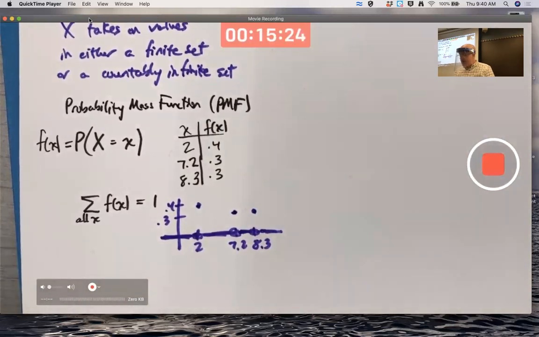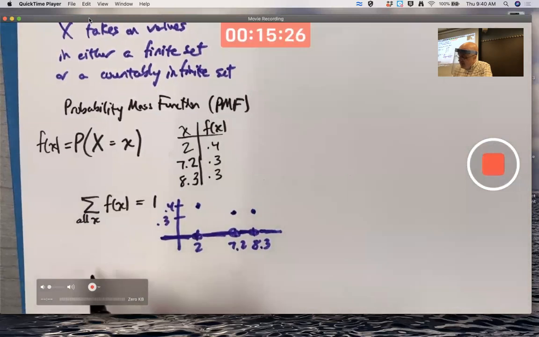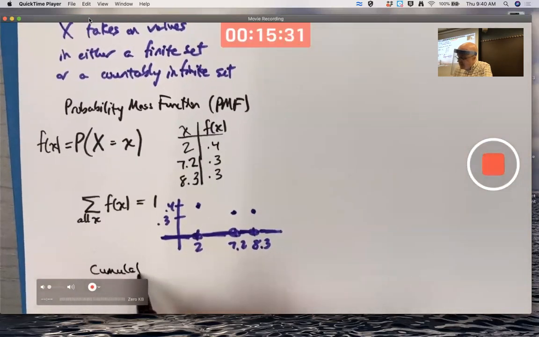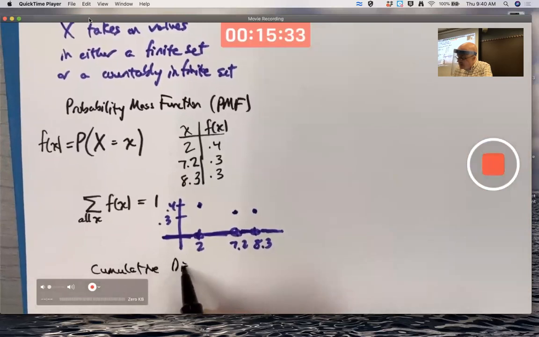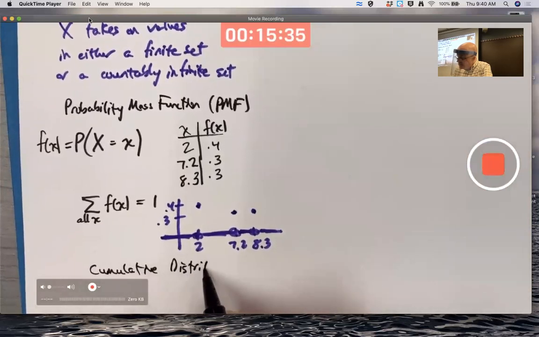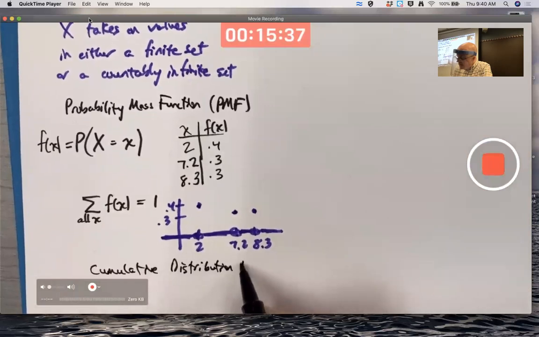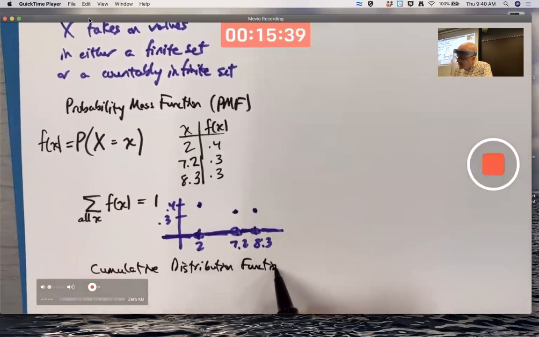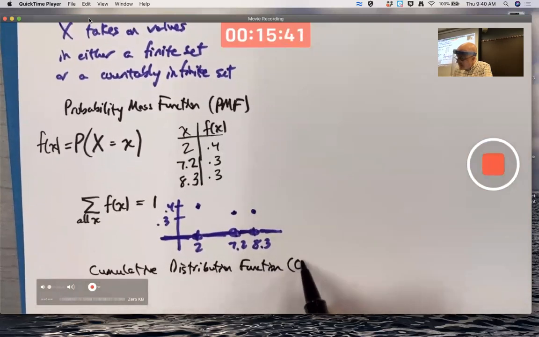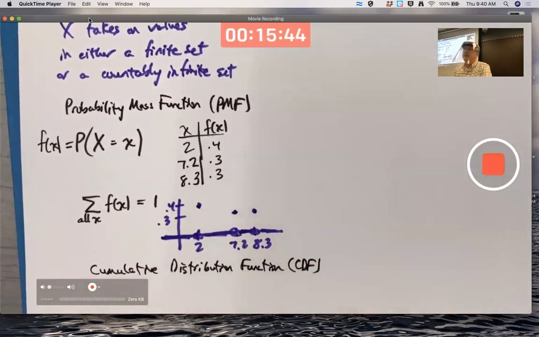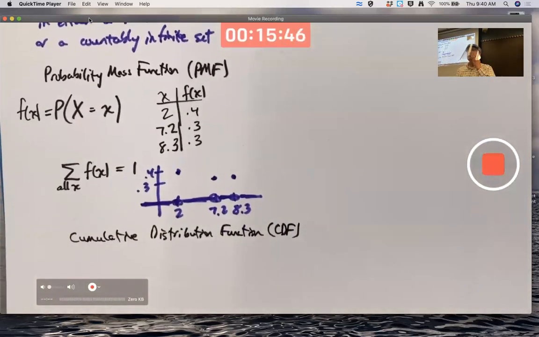The probability mass function has a corresponding cumulative distribution function, CDF, found by adding up, accumulating values from the PMF.